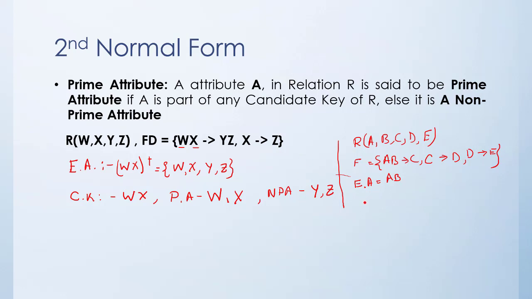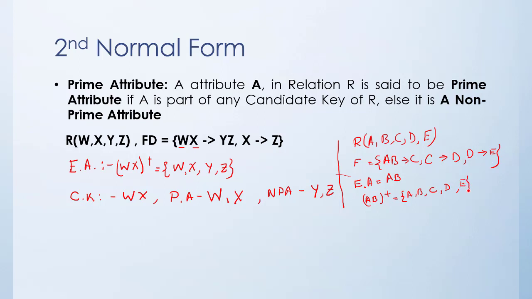So as AB is my essential attribute, we will start analyzing with the closure of A and B. From AB we are going to get A, B and C for this functional dependency, and if we get C then we are going to get D also, and if we get D then we are going to get E also.